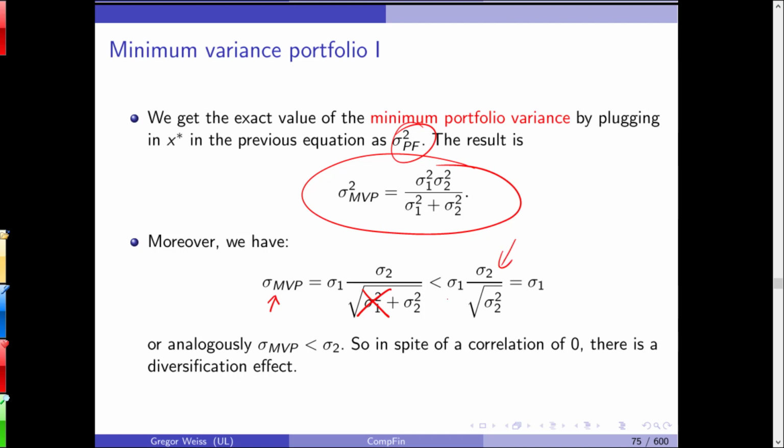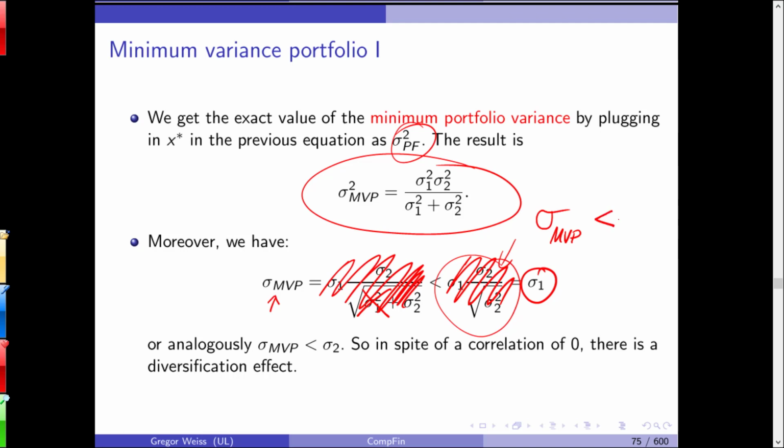So it's a very simple way of leaving out a part that may cause a problem. And if you look at this expression here, you will see sigma 2 divided by the square root of sigma 2 squared will just be sigma 1. And in the end, you can just neglect all this, and you will see sigma MVP is smaller than sigma 1.